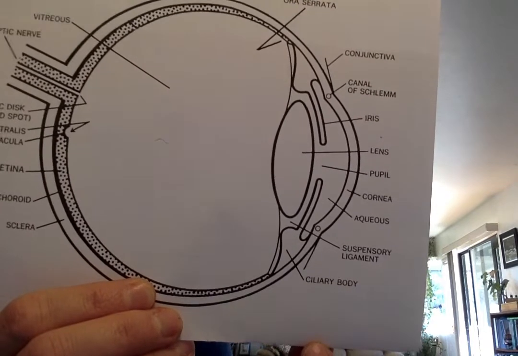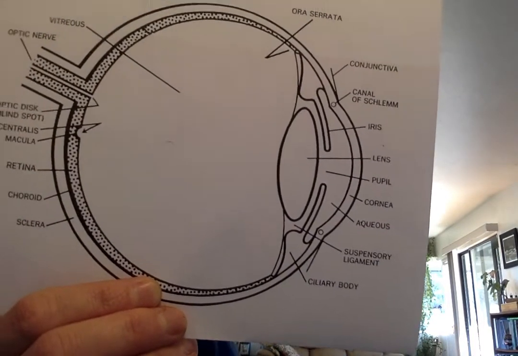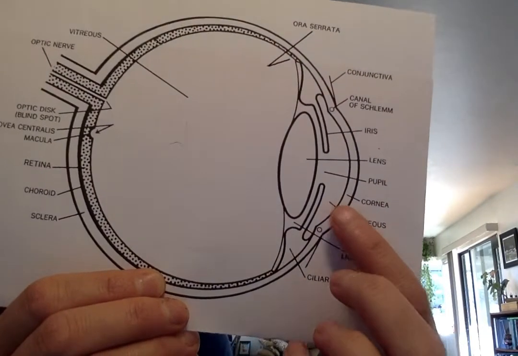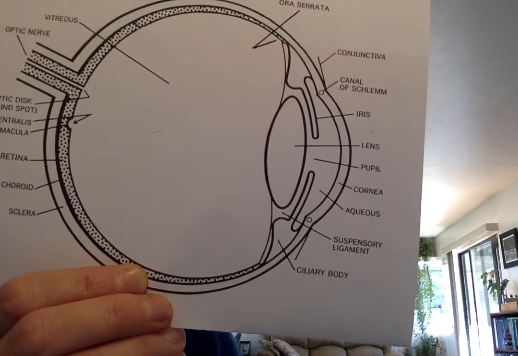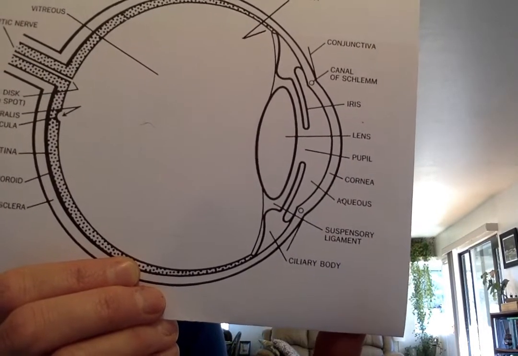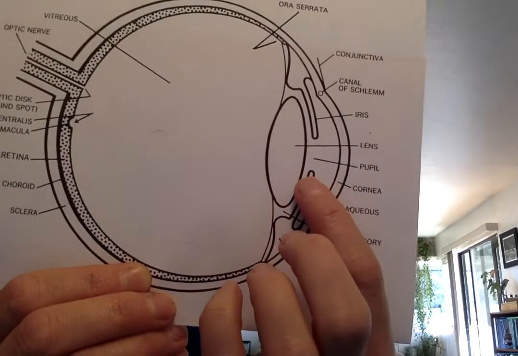Aqueous is a thin, watery fluid located in the anterior and posterior chambers of the eye. And here's the aqueous labeled. And the posterior chamber is located behind the iris and in front of the lens.